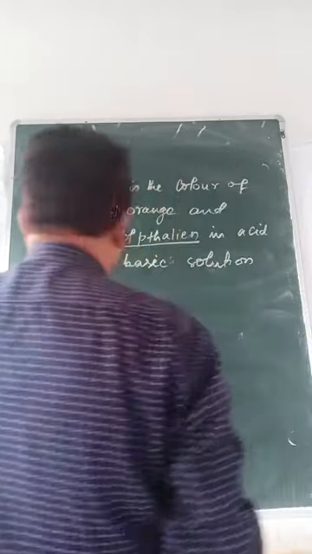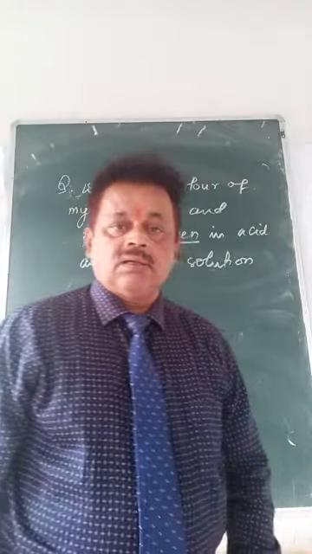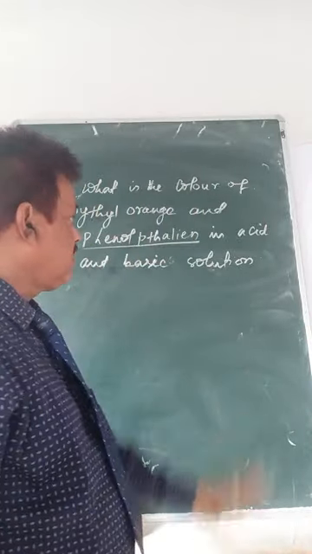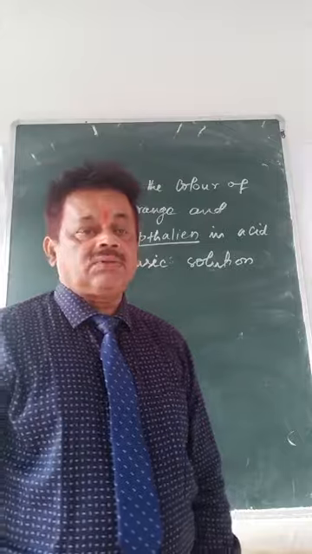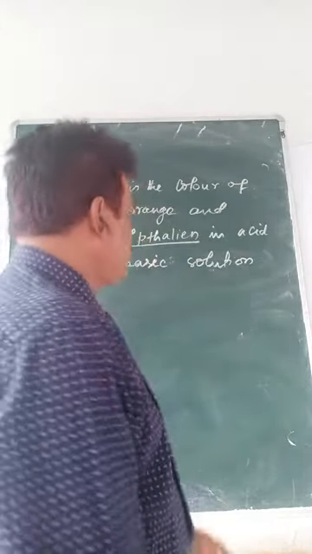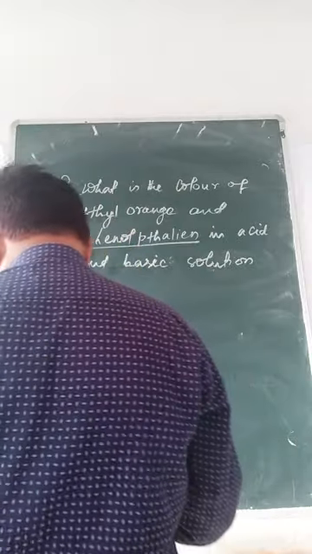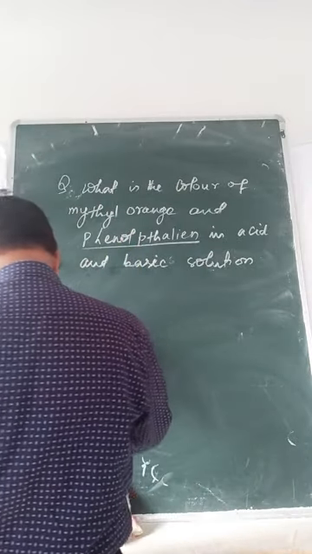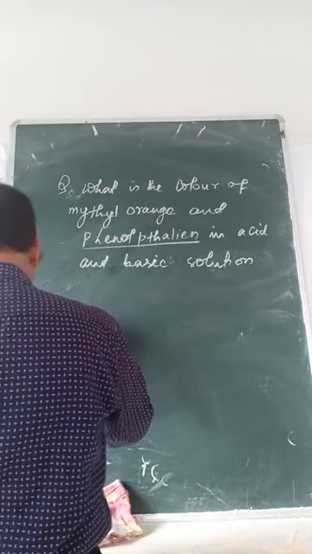Okay. I told you methyl orange and phenolphthalein are organic compounds, so they are also indicators. So the reaction will be methyl orange with acids.